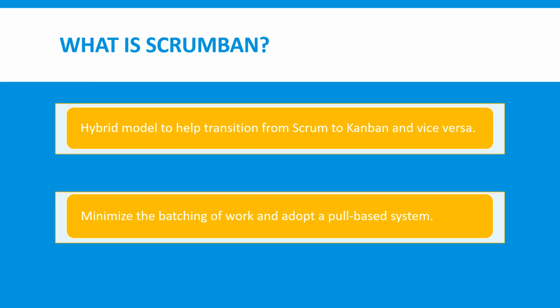All the processes in Scrum and the dashboard filling in Kanban, if we put them together, how does it look? A pull-based system means whenever those stories or tasks are required, we take them as pull-based requests and work together until they get completed. It is not time-boxed. First of all, it is not story point based. Okay, so let's see more on Scrumban.